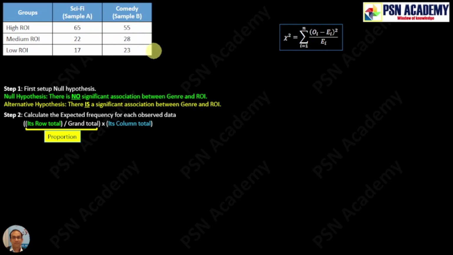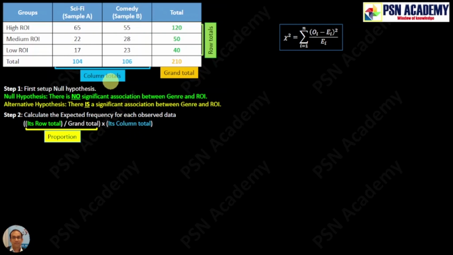So if you go like this, row total by grand total, that means you are talking about proportion. That means what is the proportion of high ROI movies out of all those movies. In case of the second row, what is the proportion of medium ROI movies out of all those movies. So that is a proportion actually you are talking about. So actually you are multiplying the proportion with its column total. So that is the case actually, right?